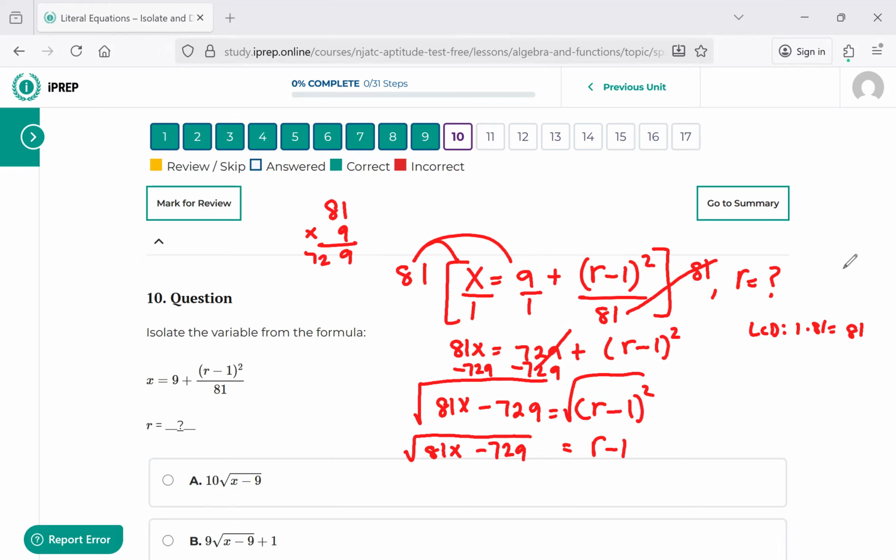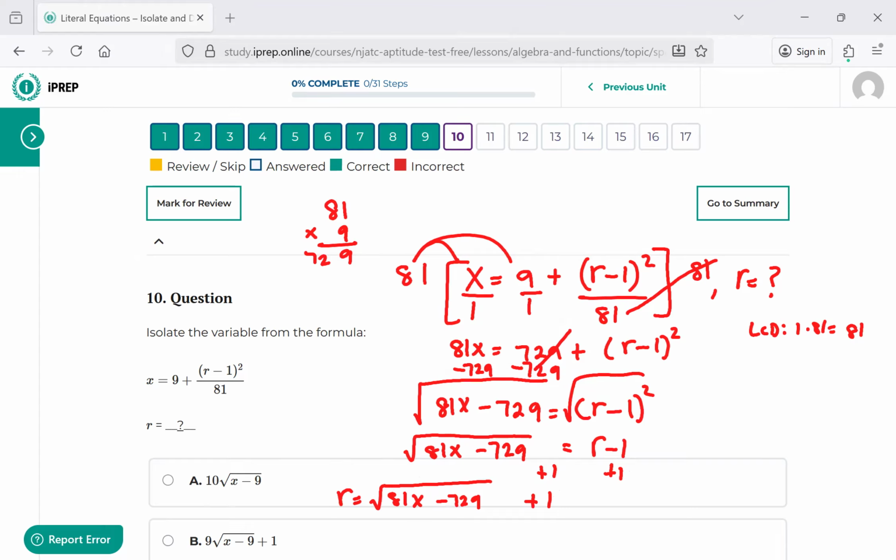As you can see, you don't see our answers yet. What I would do next is get rid of this negative 1 by adding 1 to both sides. So you get r equals the square root of 81x minus 729, plus 1. The plus 1 is not inside the radical.